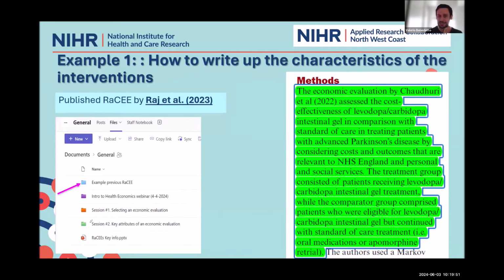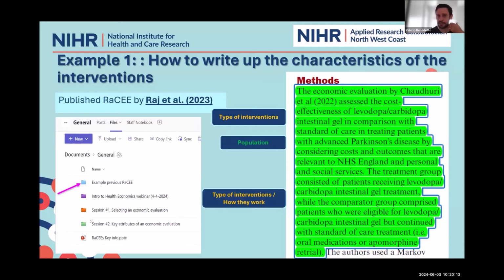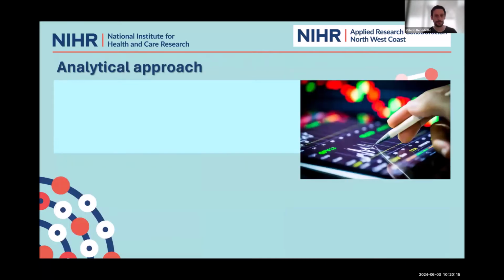Just to give you an idea of how to write up the characteristics of the intervention. This is not the only way we could possibly write them up, there might be multiple ways. But this is, in our opinion, a good example of how to write up the characteristics of the intervention in a very concise way. So you've got information about population, type of intervention, and location.